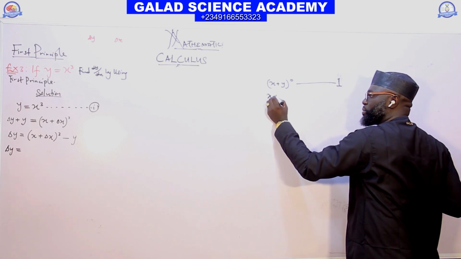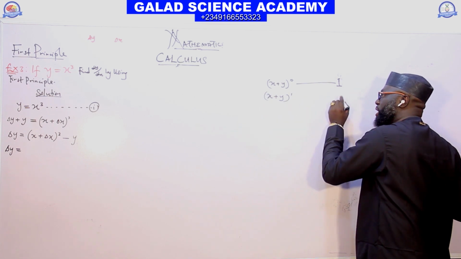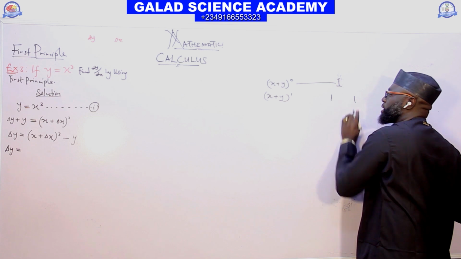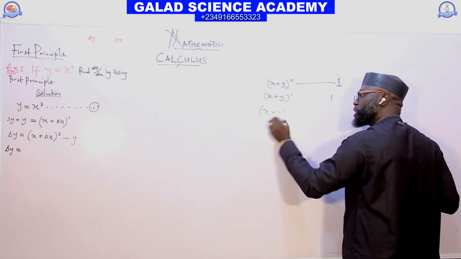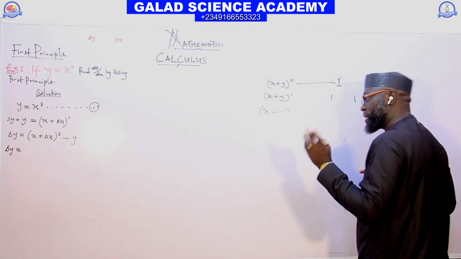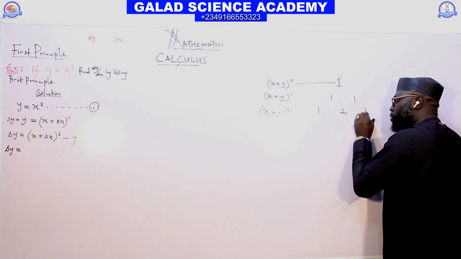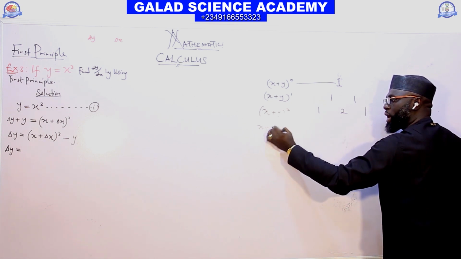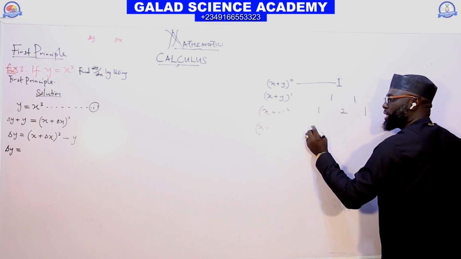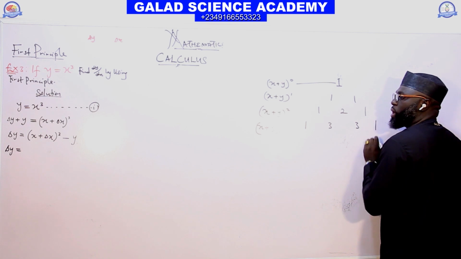We have x plus y raised to the power 1, we have 1, 1. If we have x plus y raised to the power 2, the Pascal triangle gives us 1, 2, 1. If we have x plus y raised to the power 3, it gives us 1, 3, 3, 1.